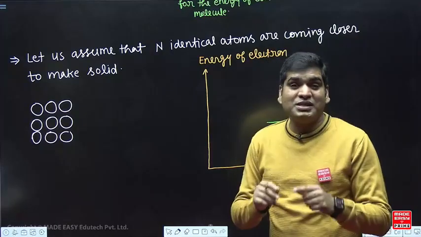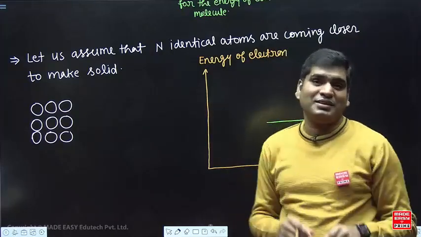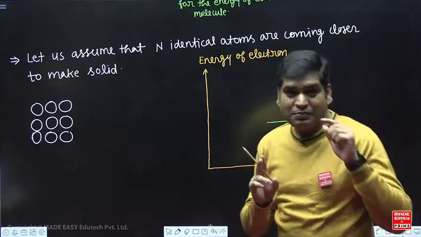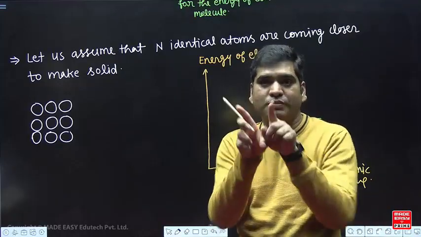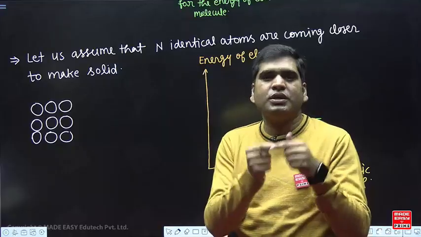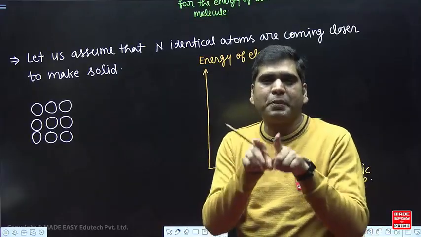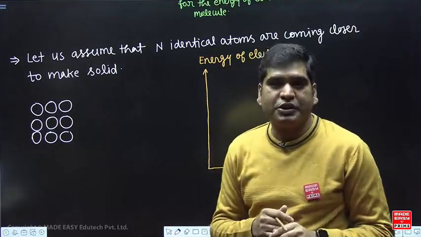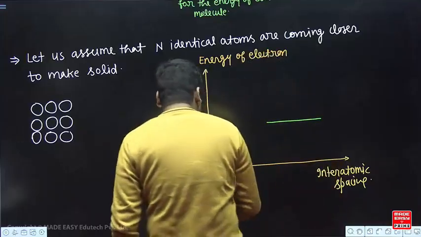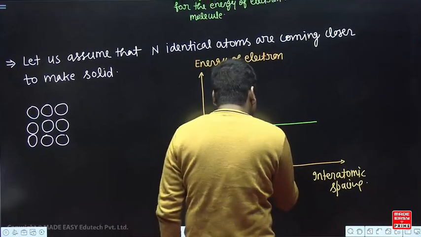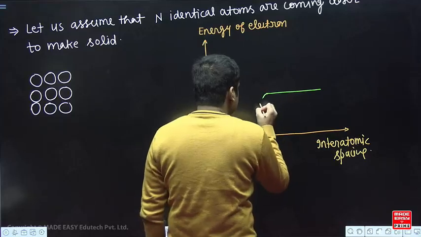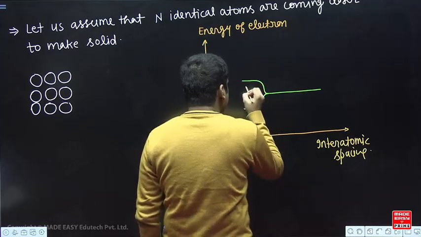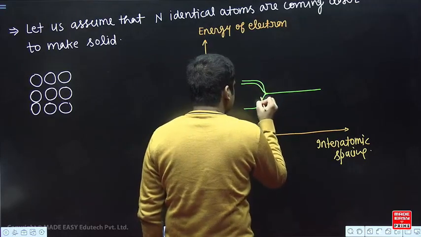So the energy level will split into n different energy levels. If there were two atoms, energy was split into two levels. If there are n atoms, then our intuition will definitely say that energy is split into n different levels. So this energy is going to split into n different energy levels.